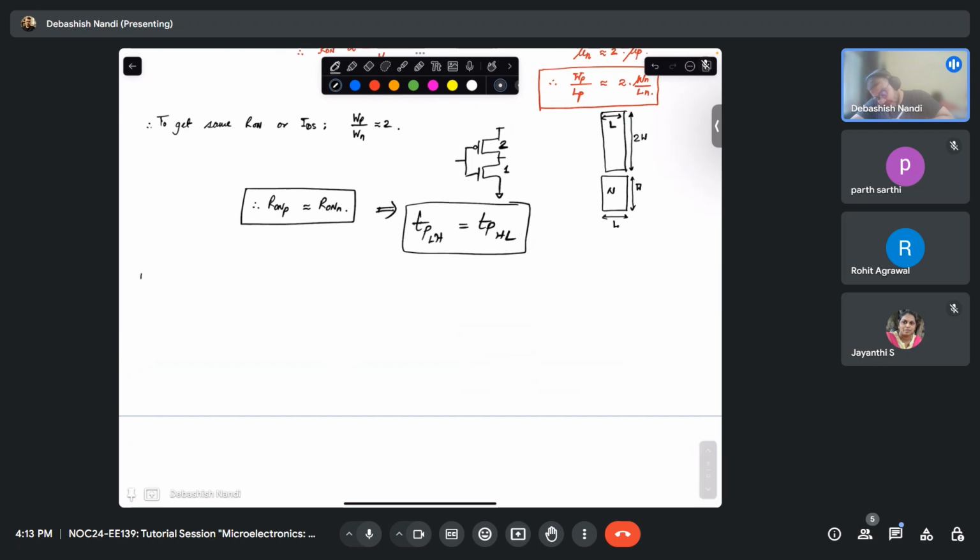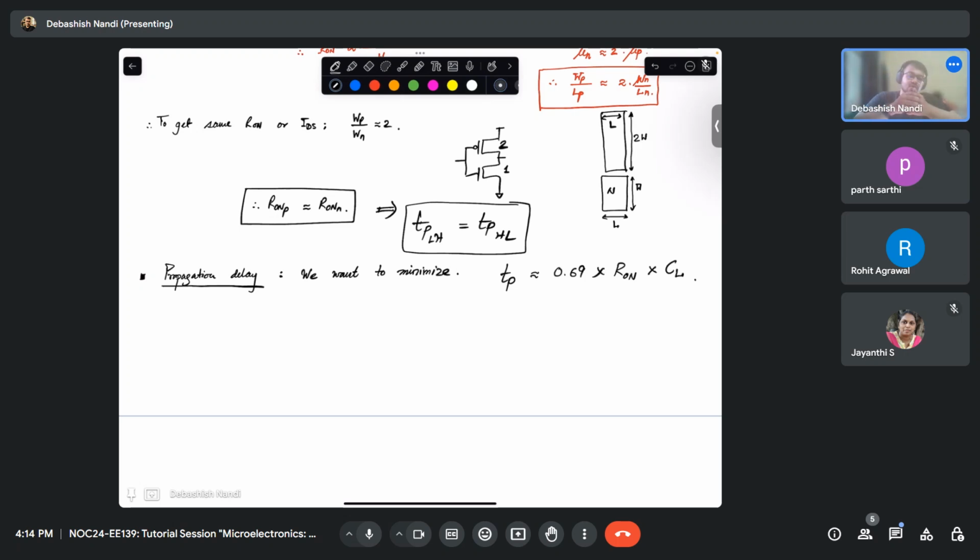By the way, do you want a higher propagation delay or lower propagation delay? Propagation delay, we want to minimize, right? So TP is what? 0.69 times R equivalent, or let's say R on times CL.